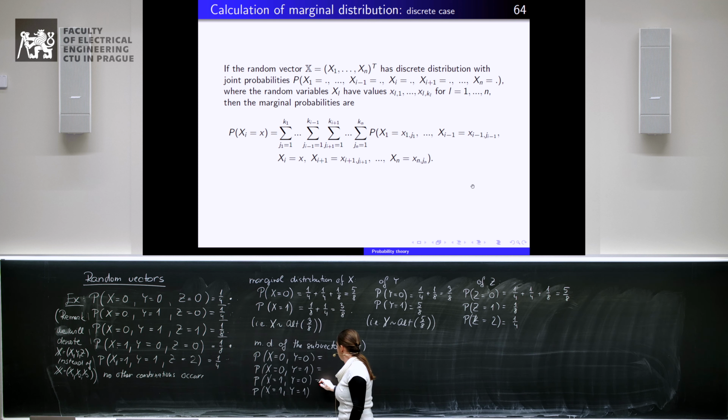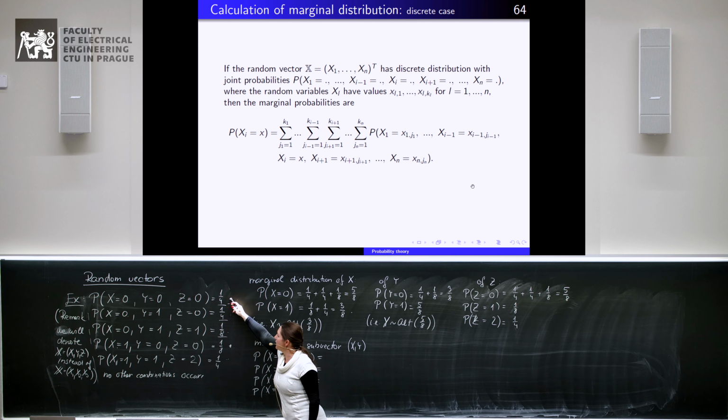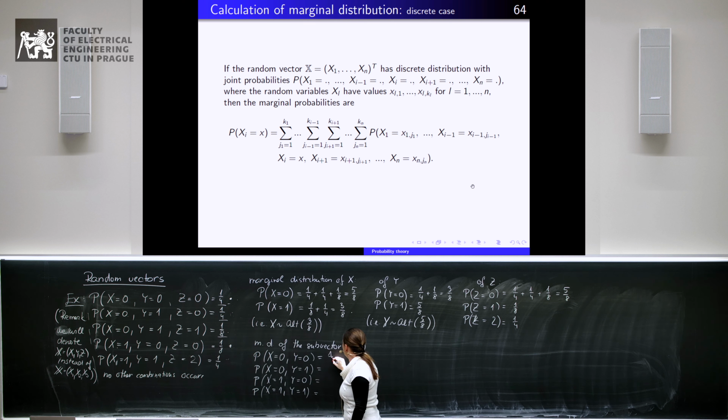And the probabilities of the combinations are again given by the table. So we have, by the joint distribution, I'm sorry, only one combination 0, 0 in the joint distribution. It is the first one. So the probability of 2 zeros is equal to 1/4.